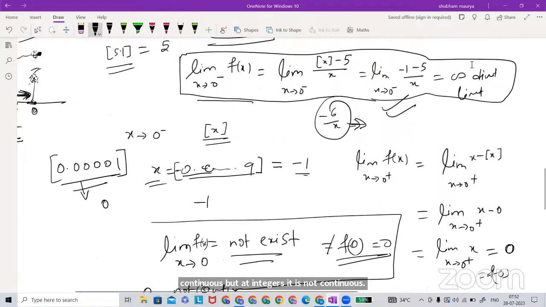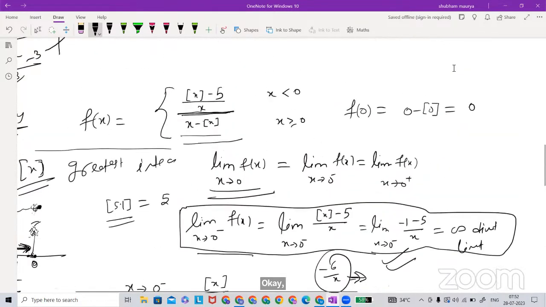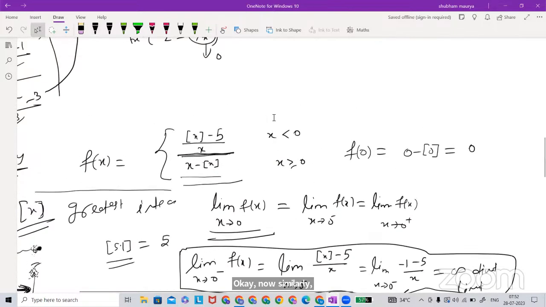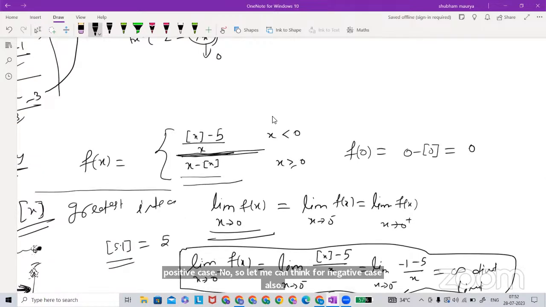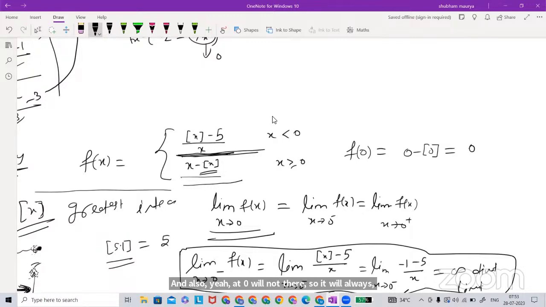Now similarly, we got that for the positive case. Similarly, we can think of the negative case also. In the negative case, there will also be a jump at the integers. Correct? And 0 will not be there, so we are able to get the left limit and right limit at integers, but again there will be a problem because of this greatest integer function.